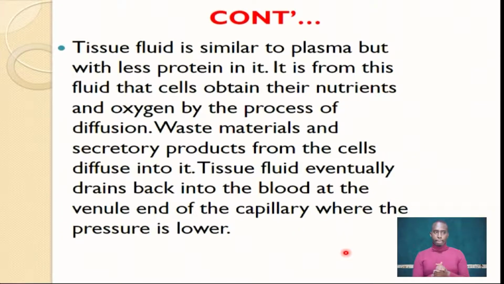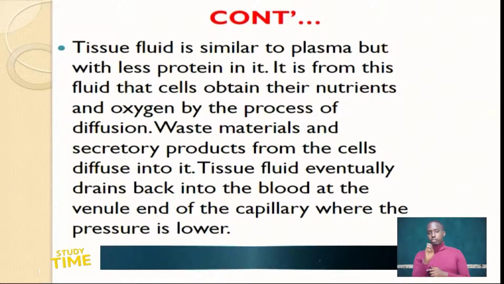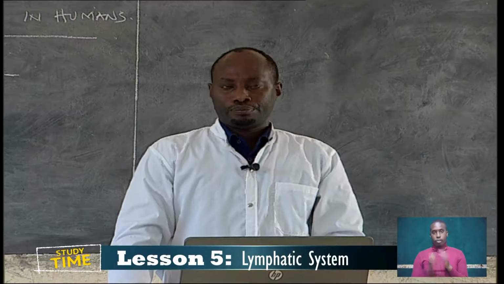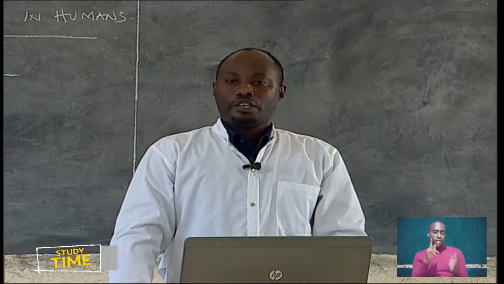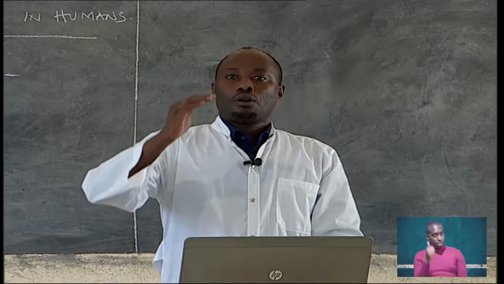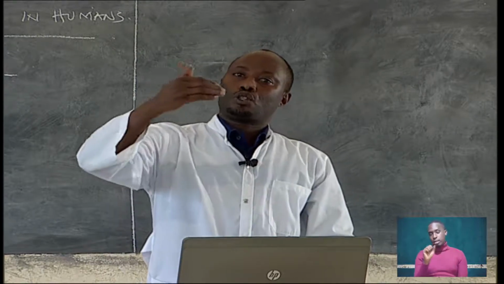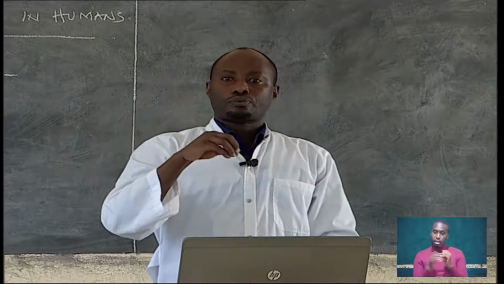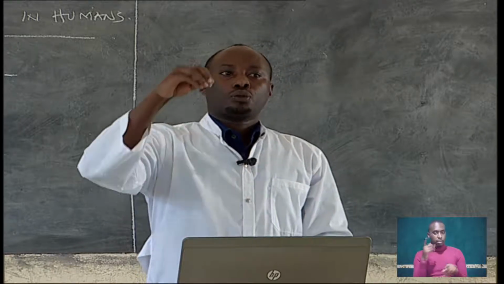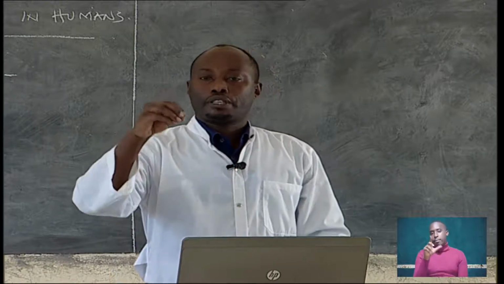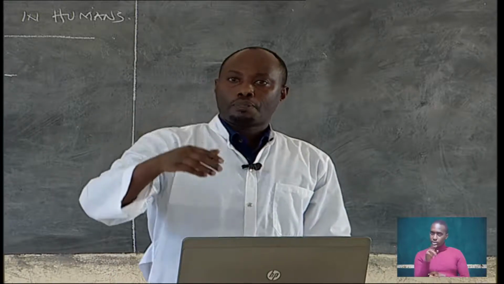The tissue fluid is similar to the plasma. As you remember, we talked about one of the components of blood, blood plasma. Students, do you still remember that? We mentioned that one of the major components of blood is blood plasma. So the tissue fluid formed surrounding the cell is similar to the blood plasma, but with less protein.